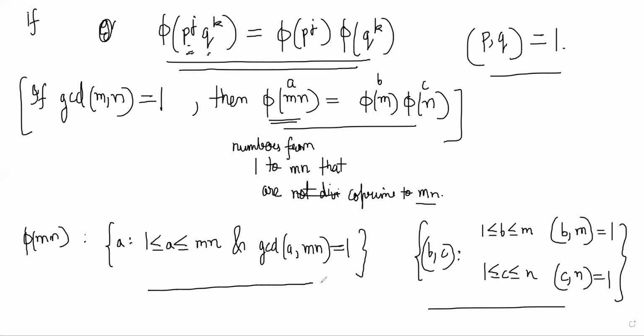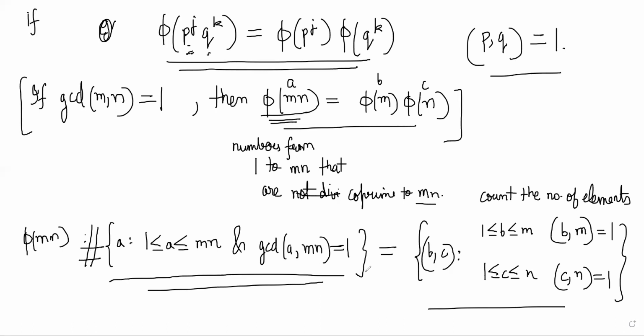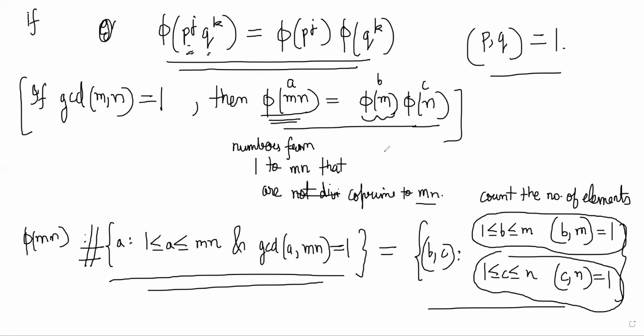Yeah. We have to show that these two sets are equal, right? Or actually, we have to count the number of elements in these sets, because phi of MN is not a set, it is the number of elements in this set, right? Yeah. And here, phi of M is the number of elements here, and phi of N is the number of elements here, and the product of those two numbers will be the total number of elements here, right? Yeah. Okay.